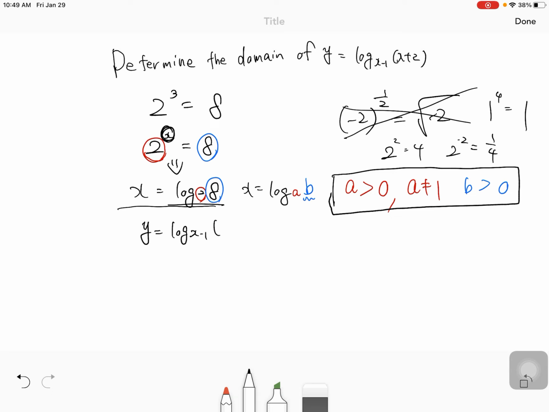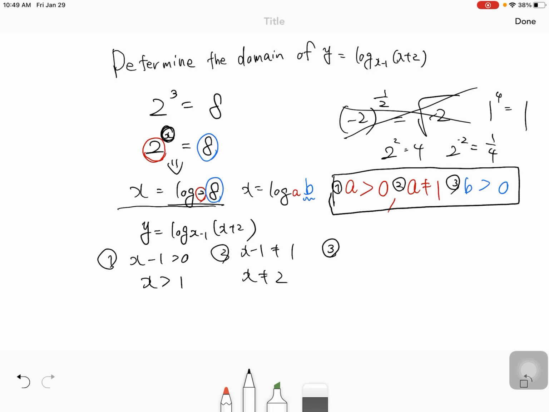y equals log base x minus 1 of x plus 2. First, the base has to be bigger than 0. So x minus 1 is bigger than 0, which means x is bigger than 1. That's the first one. Okay, number 2. a cannot be 1, so x minus 1 cannot be 1, which means x cannot be 2.